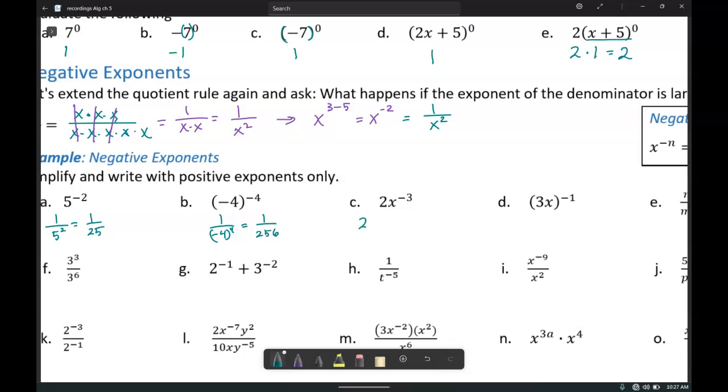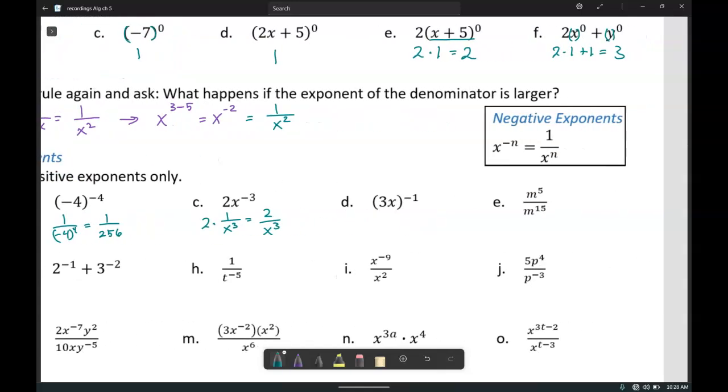Here we have 2 times 1 over x to the 3rd, leaving us with 2 over x to the 3rd. Now the entire base is 3x, so that will be in the denominator, and it's raised to the 1st power, so we don't need to do anything else.